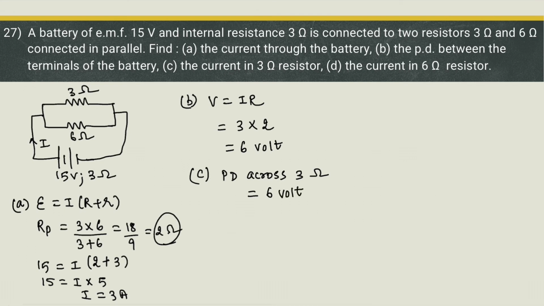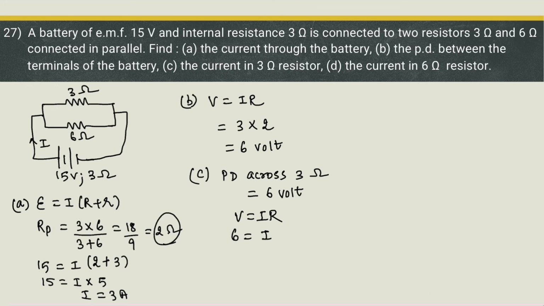Please do not make a mistake here by taking 15 volt as the potential difference across 3. Alright, 15 volt is the EMF, but the terminal voltage is only 6 volt. So PD across 3 ohm is 6 volt, and now we can use the formula V is equal to IR.